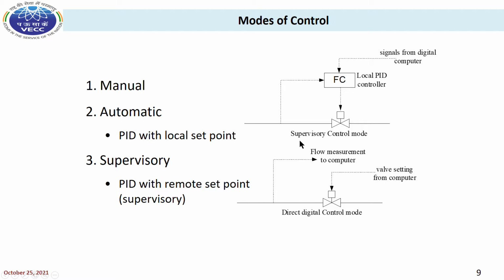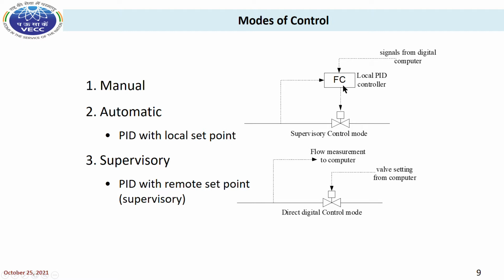In DDC, the flow rate directly goes to the computer, and the valve setting information comes directly from the computer. Whereas on the other hand, in the supervisory control mode, there is a local controller which controls the flow rate.